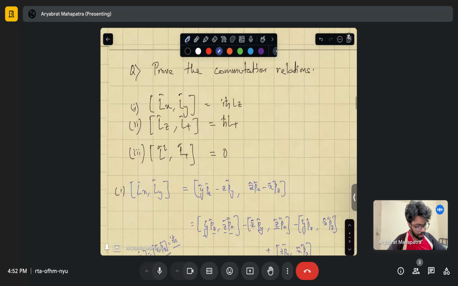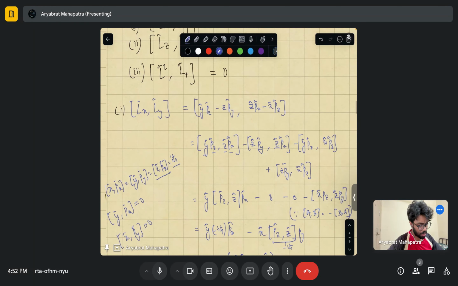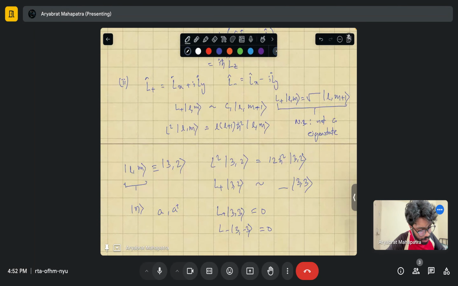In this question, I wanted to show the commutation of Lz with the L plus operator. As I said, L plus and L minus, the ladder operators, are defined this way.